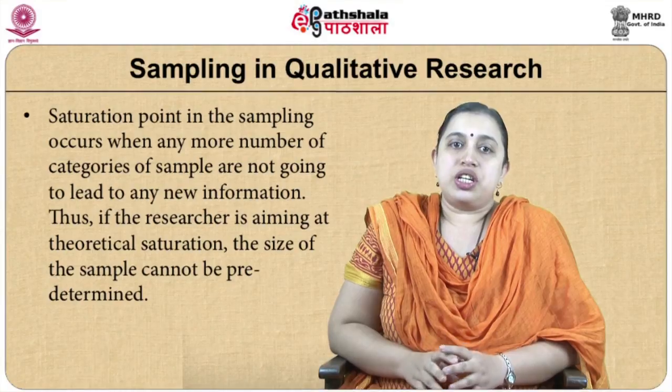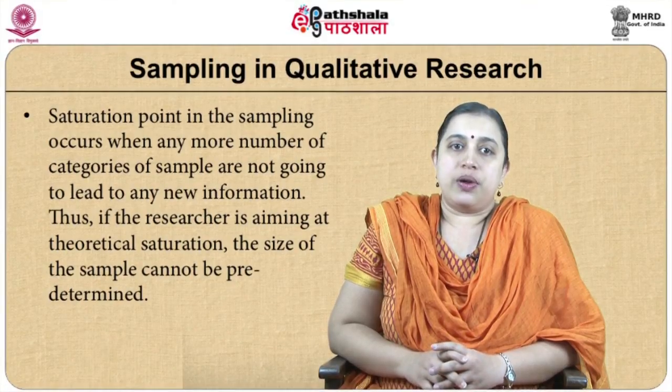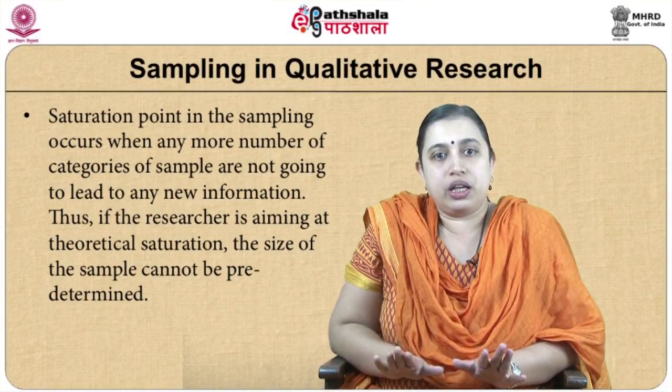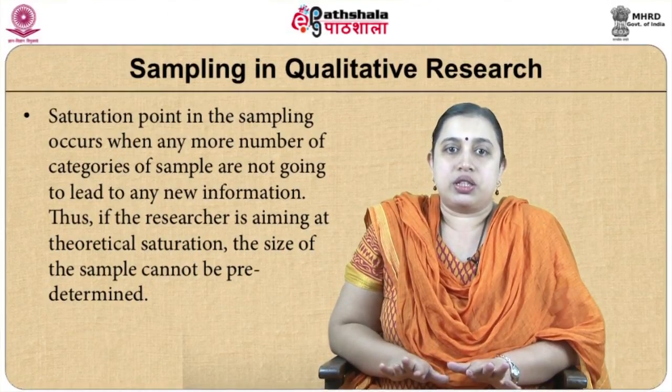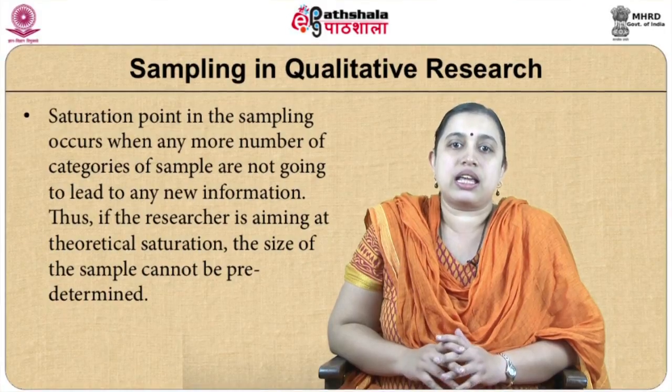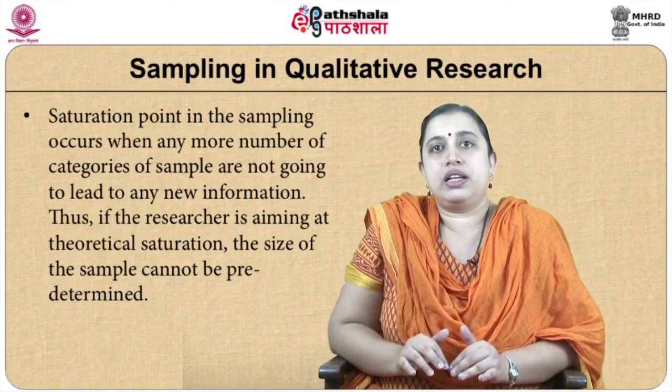When you start your research study, the concepts that you have included in your conceptual map will guide you, will direct you to the people that you need to ask questions. Saturation point in the sampling occurs when any more categories of sample are not going to lead to any new information. Thus, if the researcher is aiming at theoretical saturation, the size of the sample cannot be predetermined.